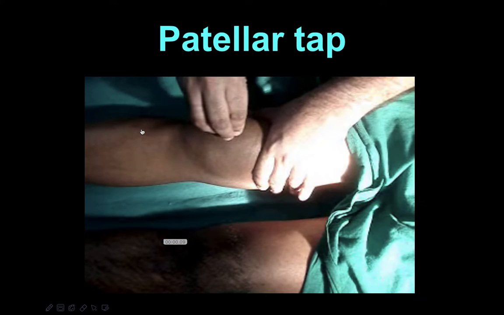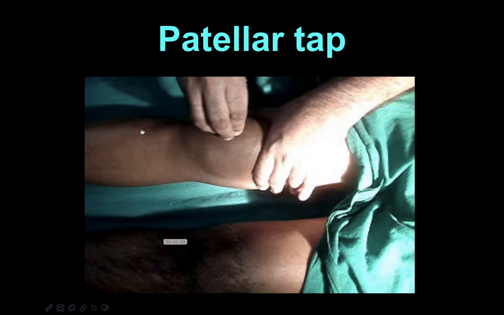Now to check if there is fluid present inside the knee joint, there is a test known as the patellar tap test, also known as the ballottement test. In this test, we ask the patient to keep the knee in full extension to relax the quadriceps muscle.